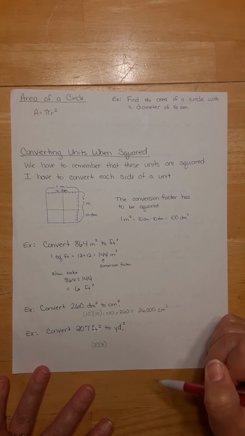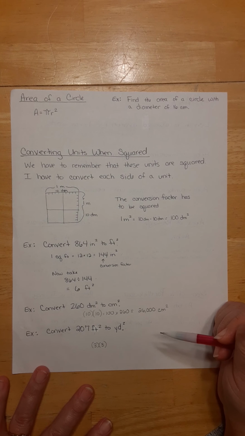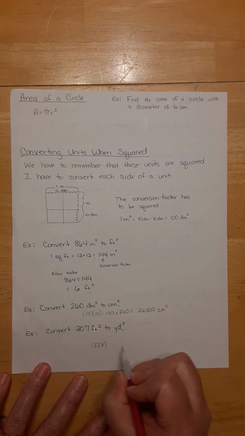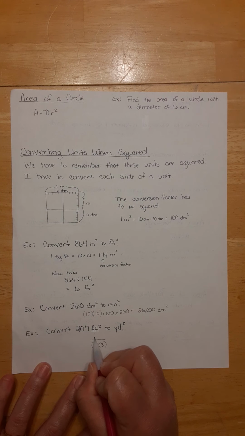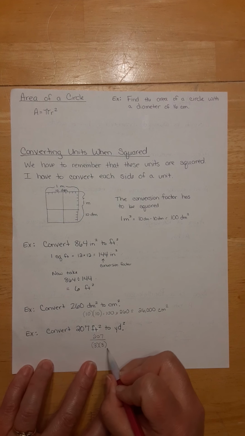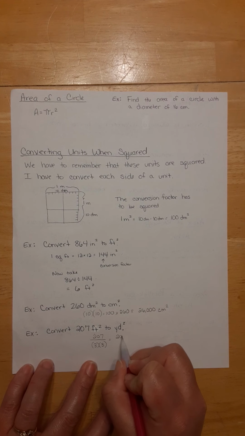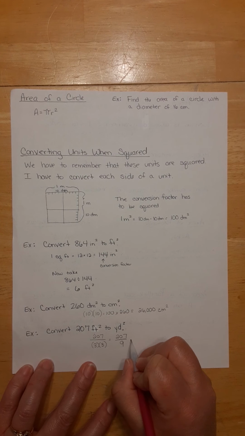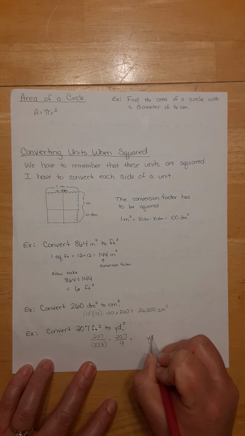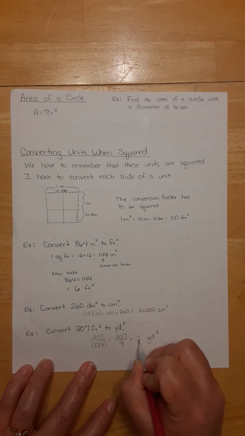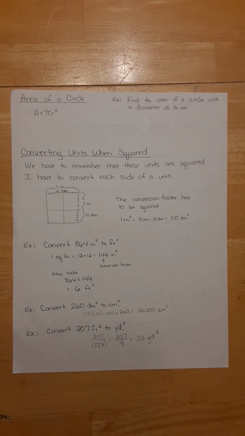So do I need to multiply or divide? Well, because I'm going from small to large, I have to divide. So I'm going to take that 207 and now divide it by 3 times 3, which is 9. And this will go ahead and give me my yards squared. Okay, and I end up with 23 square yards.